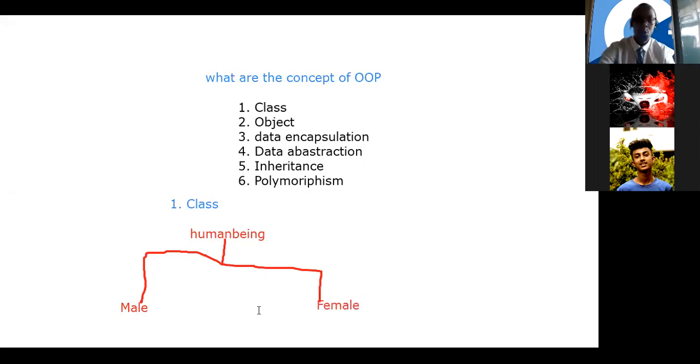The human being is divided into two, male and female. When we say a human being, you mean that a human being is a class, a collection of different entities. When we say different entities, we may say variables or properties and a function to that.